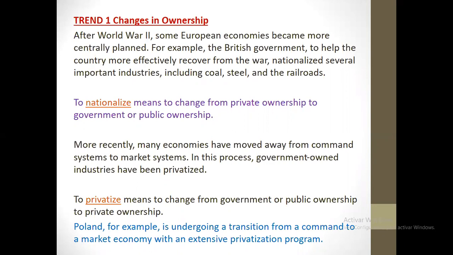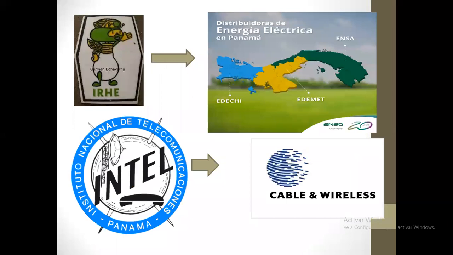Pero como vino lo que nosotros conocemos como globalización, entonces el gobierno no es bueno para hacer las transformaciones y no tenía los recursos. Entonces, ¿qué es lo que se hizo para poder modernizar? Tenemos que vender, y vendieron esto. El IRHE era el instituto que se encargaba de distribuir la electricidad en Panamá. Se la vendió a EDECHI y a ENSA, que son los que se encargan ahora de distribuir la electricidad en nuestro territorio.